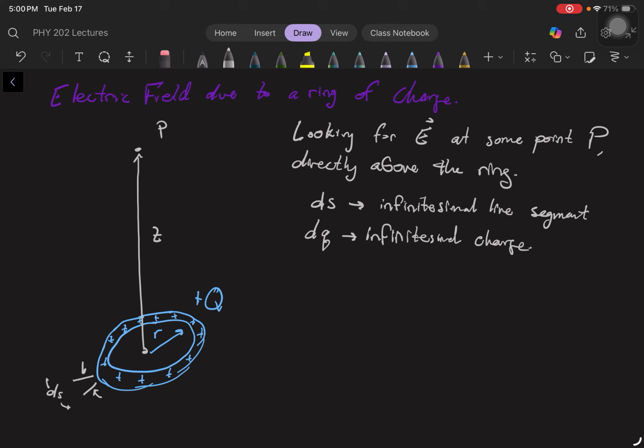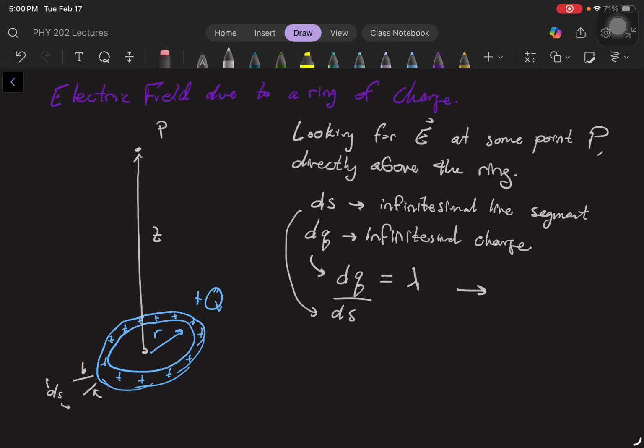And we can go ahead and define dq over ds is equal to lambda, all right? So we have infinitesimal charge per infinitesimal length is going to be the same as the total charge per length of this object.